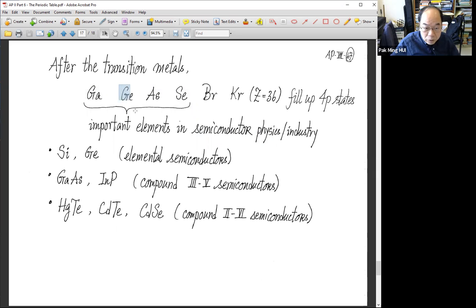For example, above germanium is the famous silicon in the periodic table, okay? Silicon is above germanium. So these are elemental semiconductors, meaning by themselves, they don't need to form a compound, they are semiconductors.